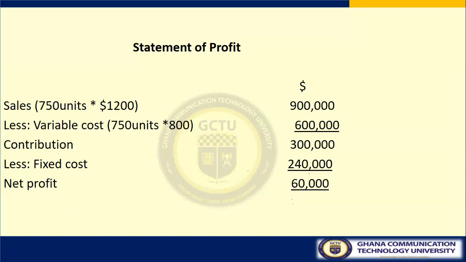Let's take another typical example. We all experienced COVID-19. During COVID-19, everybody was asked to go home and stay home, and some were working from the house, some were not. You still pay your workers their salaries. You can't say that because they are not at work, you don't pay them.